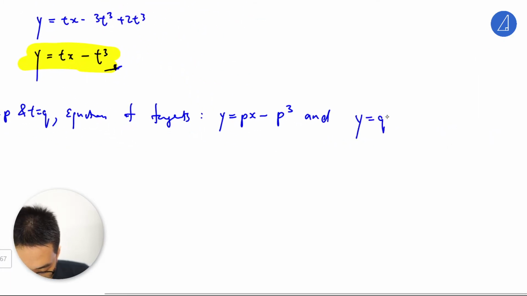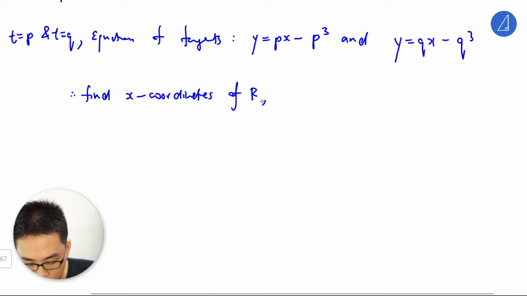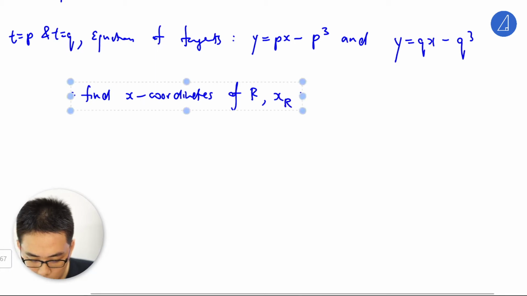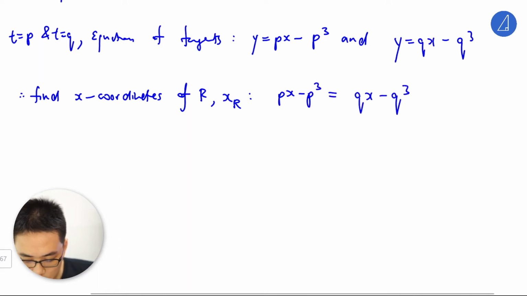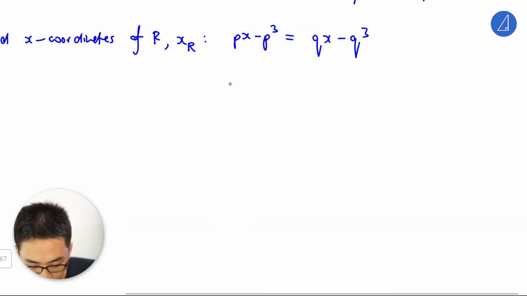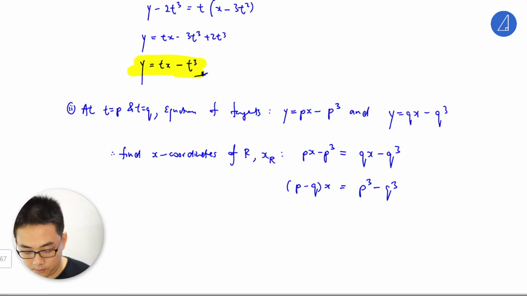Y equals QX. So to find, equate them. Then you just find the... okay. There you go. So difference in cube.